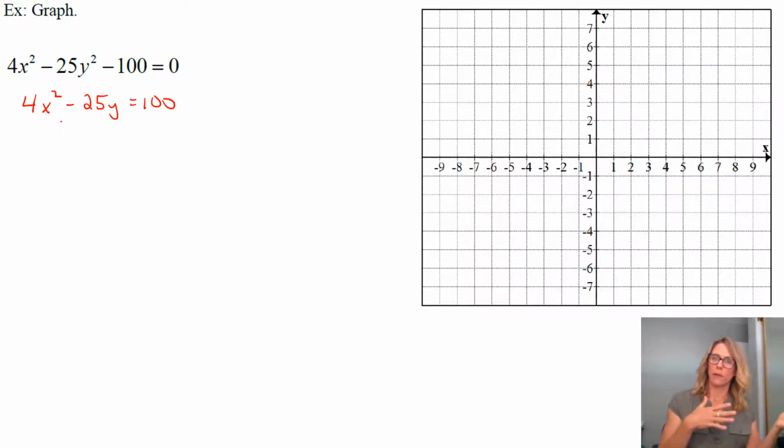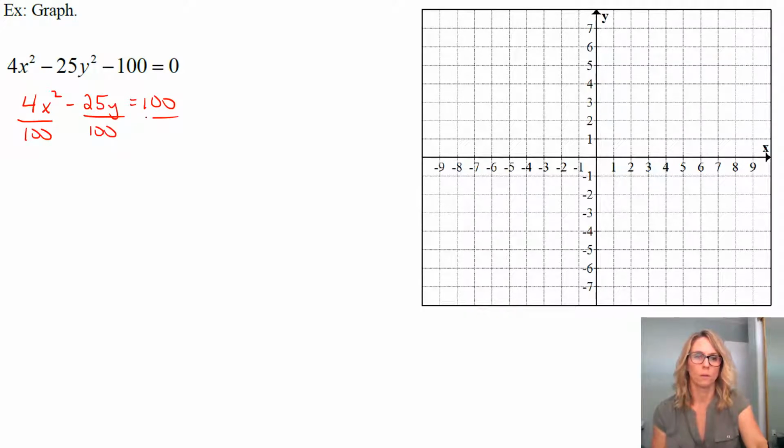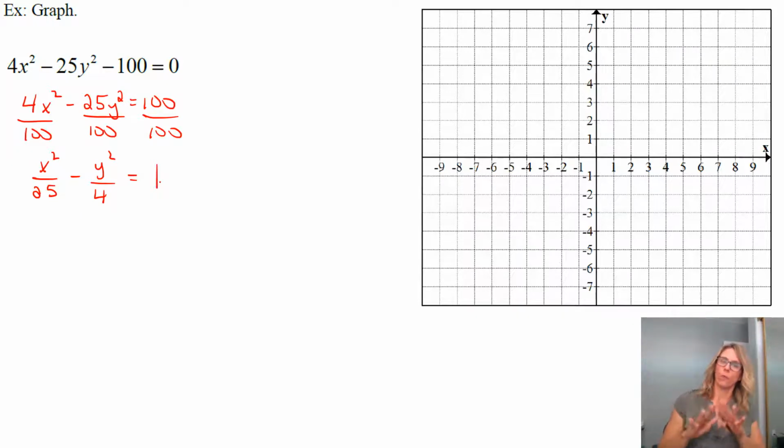First thing I'm going to do, I'm going to take that constant over. Then I'm going to divide both sides by 100. We have x squared over 25 minus y squared over 4 equaling 1. So now it's in that form that we recognize, hopefully.